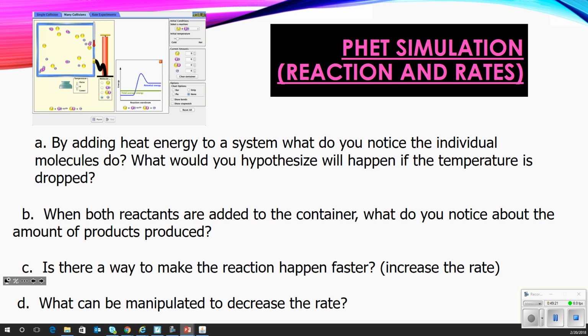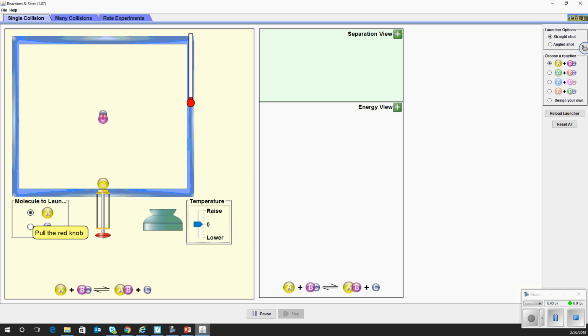This little thing right here is where you heat it, so you can increase or decrease the heat there. When both reactants are added to the container, I just want you to play with it. See what happens with the different things. There it is. So you can choose your reaction over here.